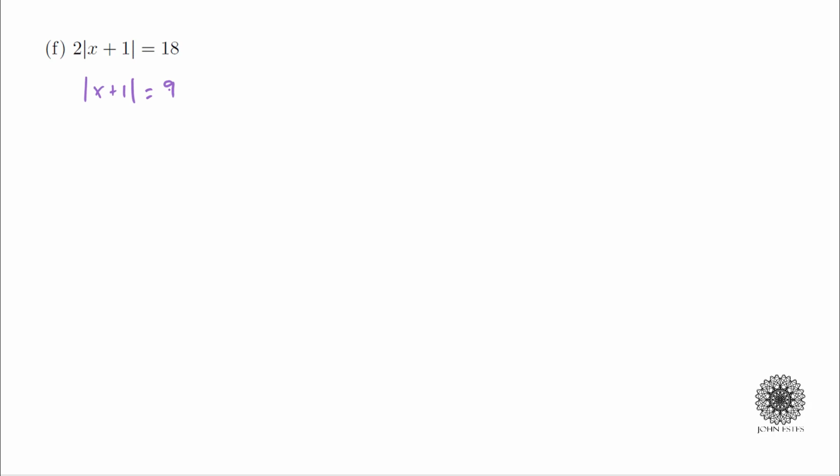Alright, now what absolute value means is distance from 0. Right, so if I have a number line, here's 0, here's 5 and negative 5.